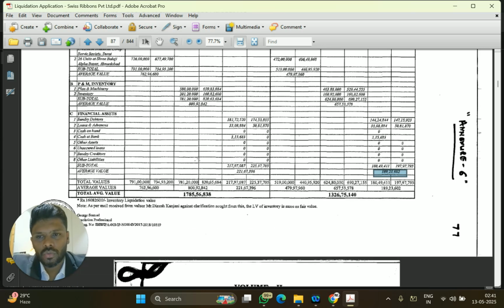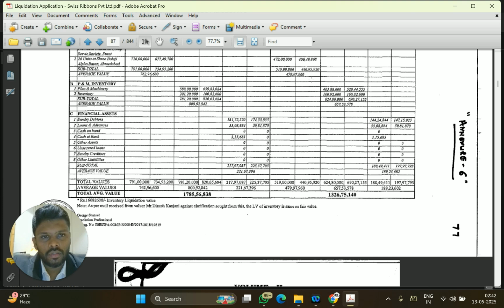Okay. So, all of these values, the average value of land and building, average value of plant and machinery, and average fair value of financial assets, all these three average values will be averaged, and the total average fair value will be computed to 17 crores 85 lakhs.